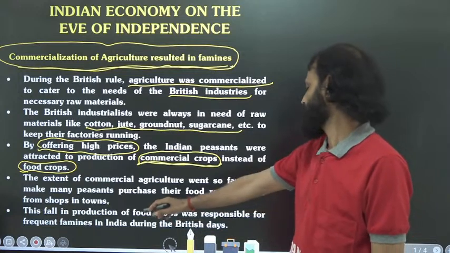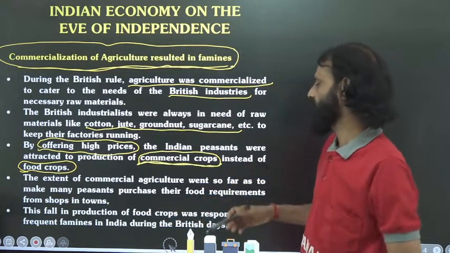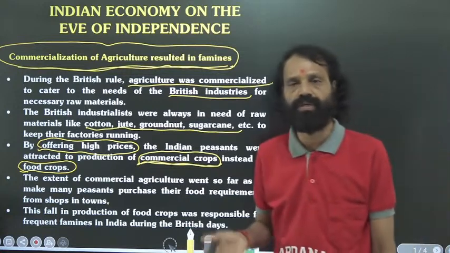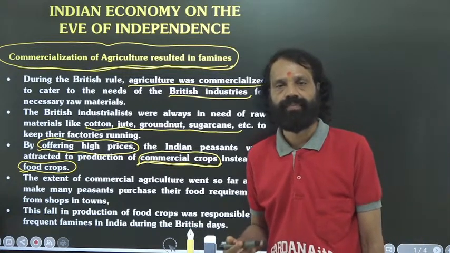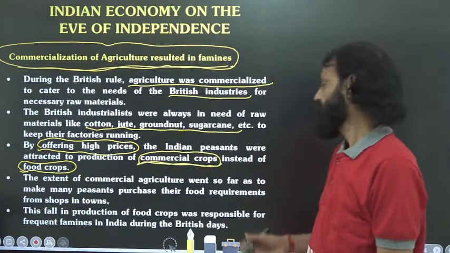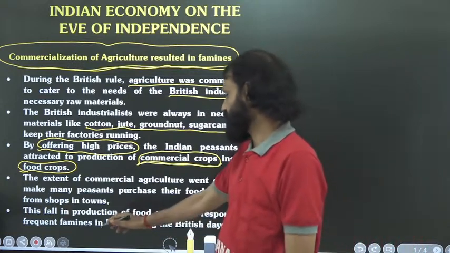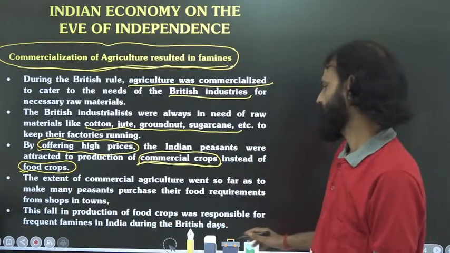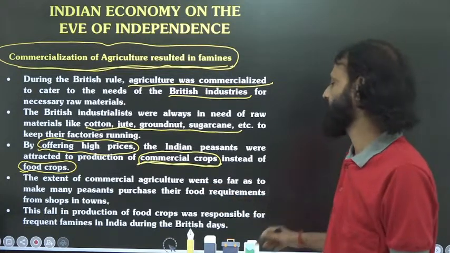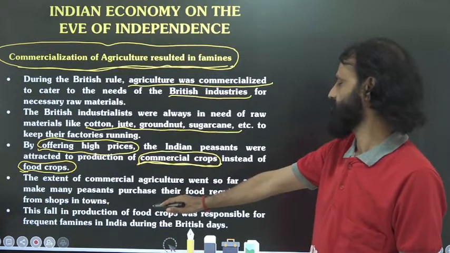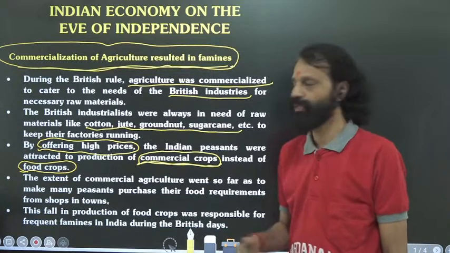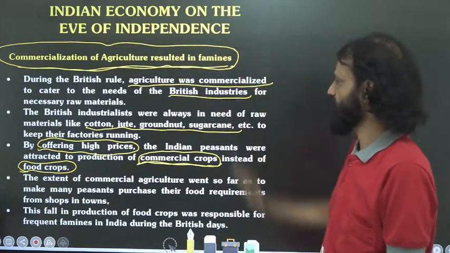This fall in production of food crops was responsible for frequent famines in India during the British days, that we have already discussed. During the time of Britishers' rule, India faced famines. There was scarcity of food. Okay, so the fall in production of food crops was responsible for frequent famines in India during the British days. I trust you have understood all these points.